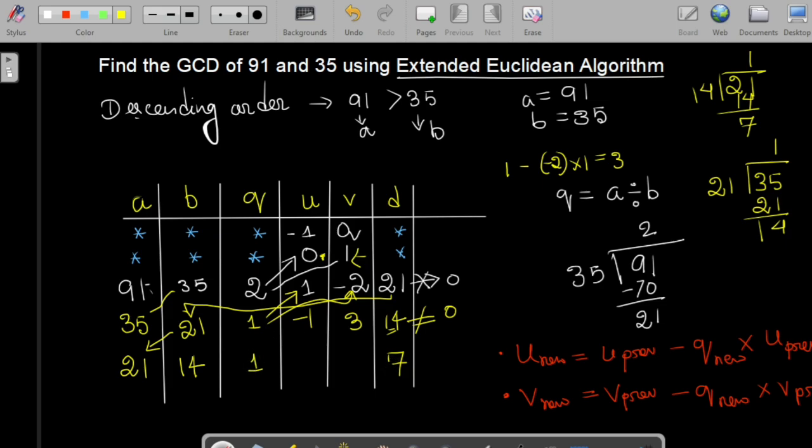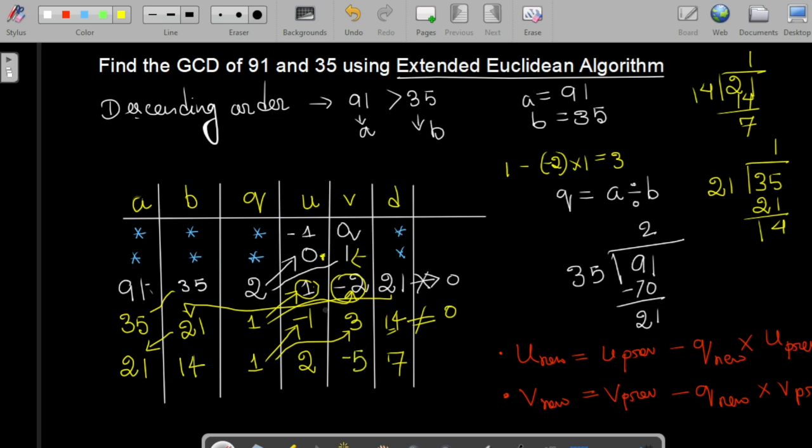Then we calculate the new U, which will be 1 multiplied by this minus 1, which is minus 1, and that will be subtracted from this 1, so it will be 2. Again 1 will be multiplied by 3, that is 3, and that will be subtracted from minus 2, so it's minus 5. The new V is minus 5.